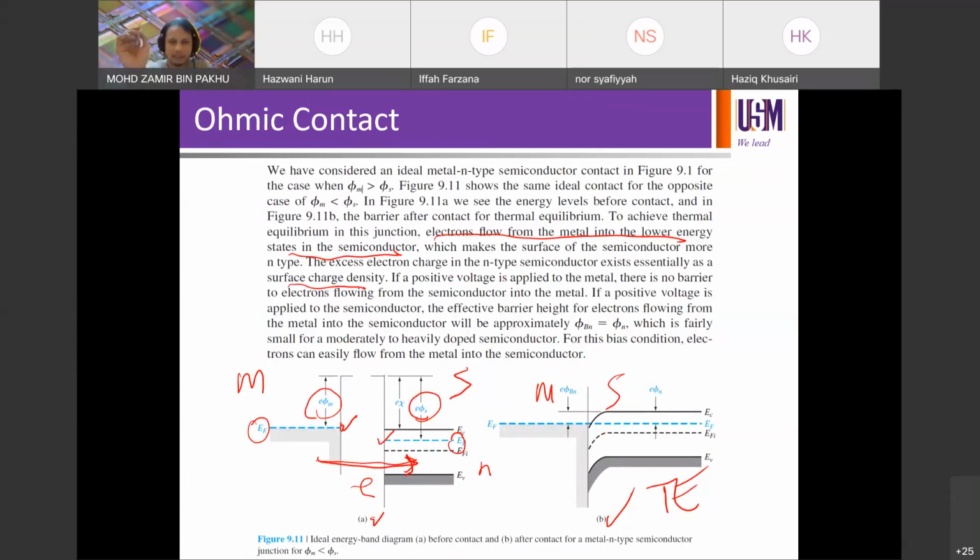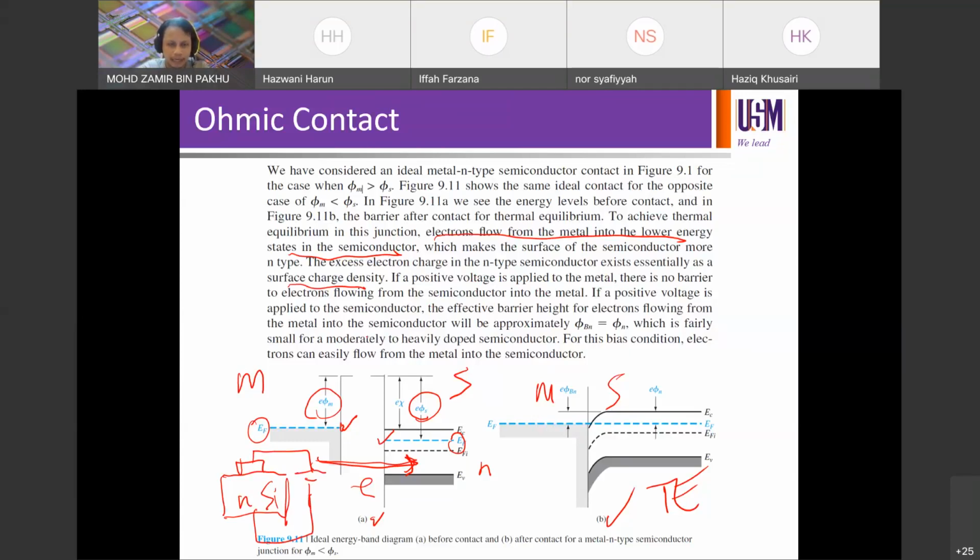Then if you do the biasing, if a positive voltage is applied to the metal, you always need to draw this in order to comprehend better. N silicon, then metal, then you do the biasing. If a positive voltage is applied to the metal, there's no barrier height, electrons flowing.